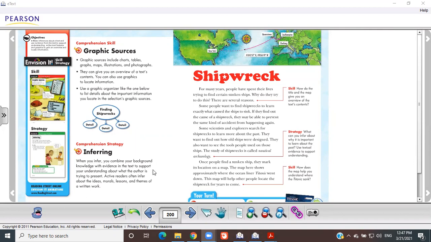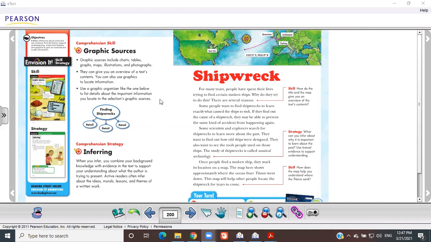So here, combining your background, a ship means a boat that floats on water, and the Titanic sank. That means that the Titanic was a ship that sank in the ocean, right? Yes, amazing. So as you infer, you combine your background knowledge with evidence in the text to support your understanding.